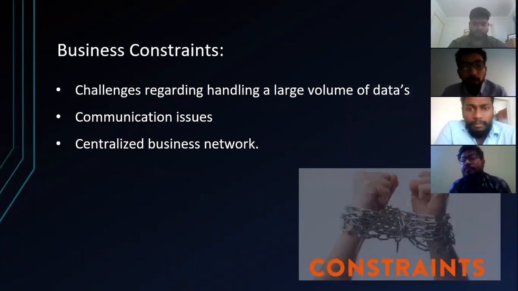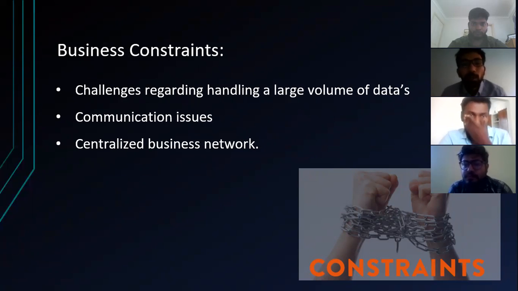So here are some of the constraints in the business that are being faced by Farmer for Farmer. The first challenge is handling a large volume of data. At the present time, due to the large number of customers, all the delivery routes and the equipment needed by the farmers, all the data should be taken carefully for making this network.